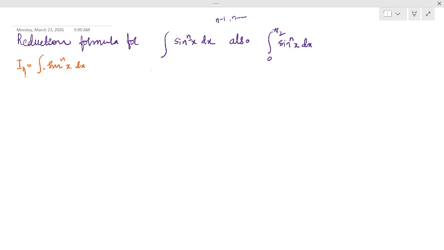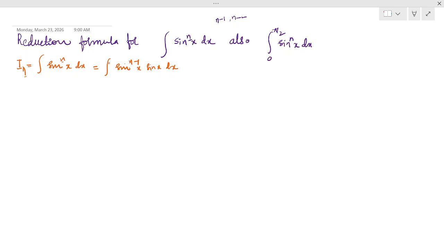Whenever there is an n here, this power is n, that stands for sin raised to n, that is I_n. So to integrate this, I am going to write this as sin raised to n minus 1 x into sin x dx.